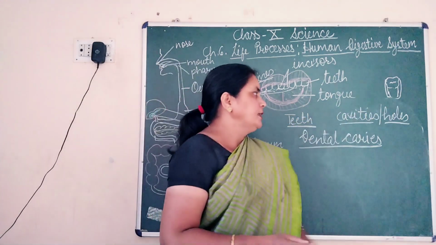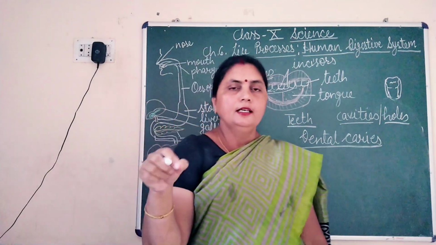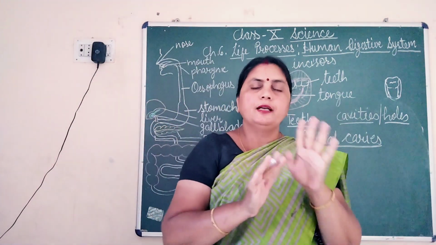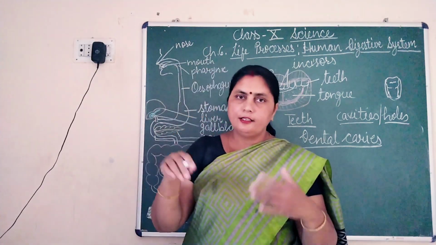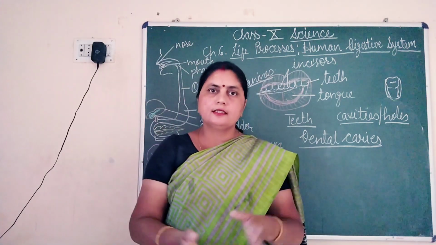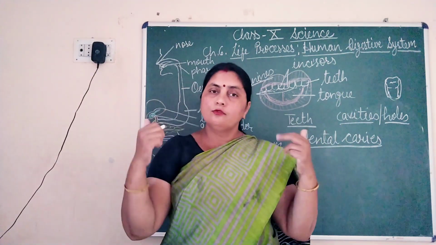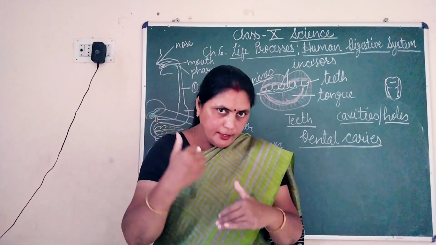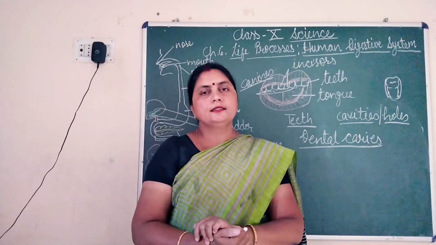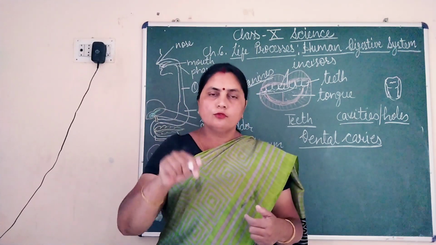These teeth are actually connected and they are embedded in the gums, and they have blood vessels also inside, and these blood vessels are connected to other blood vessels, and also they are provided with nerves. So nerves are connected to our nervous system. So when we eat food and we have dental caries, then this food can enter inside the tooth.